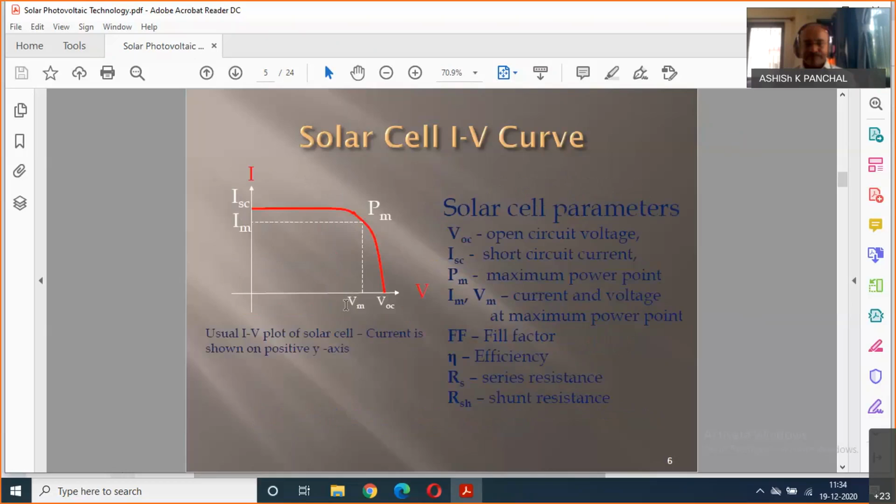So how do we obtain it? Take that solar cell and expose it to sunlight. Let us assume that this phone is a solar cell, a solar panel. First I measure the voltage, and that voltage is the open circuit voltage. There is no current because you have not connected a load.